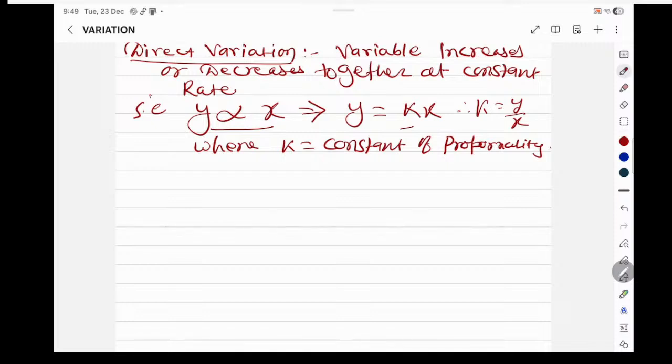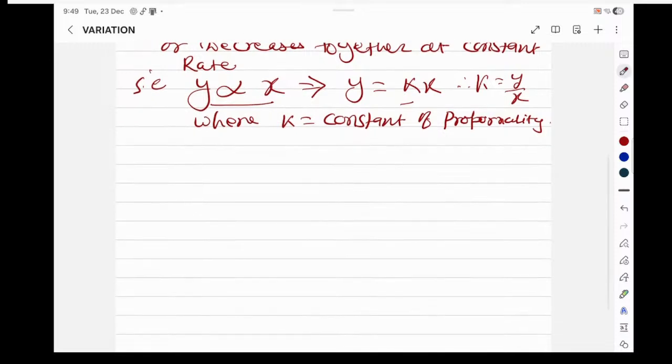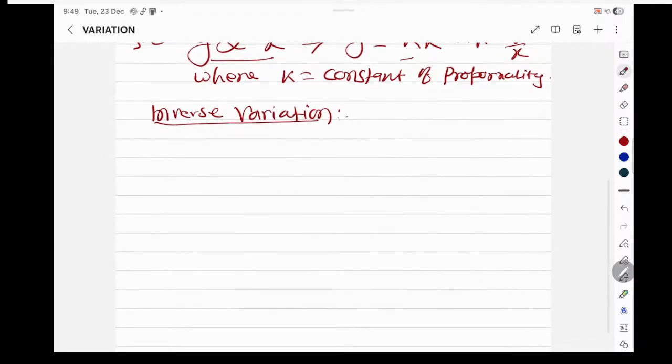Next is inverse variation. Do you know about inverse variation?